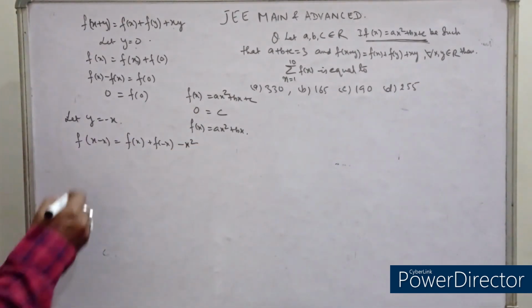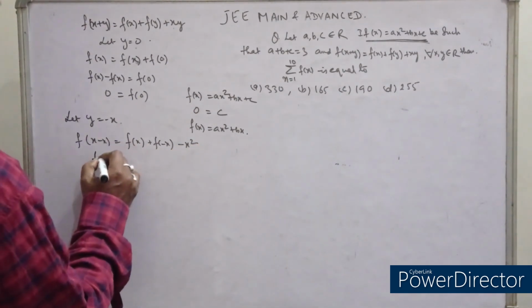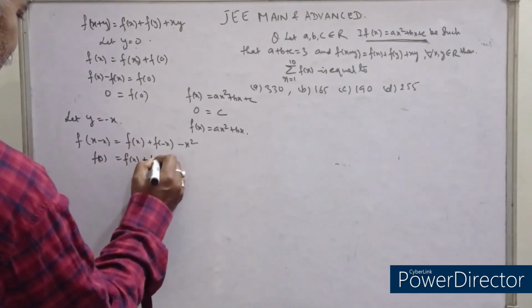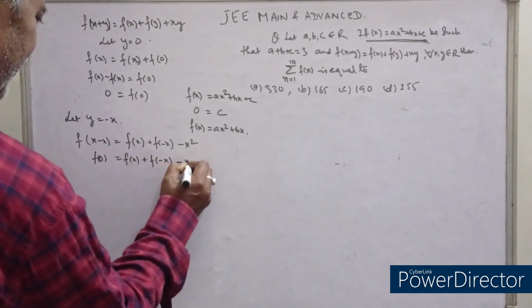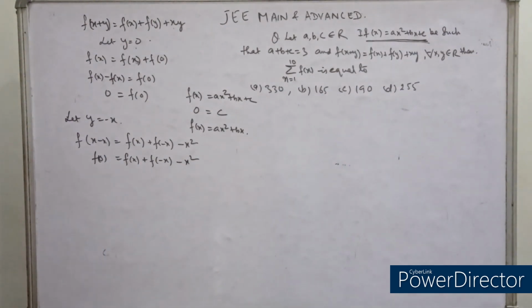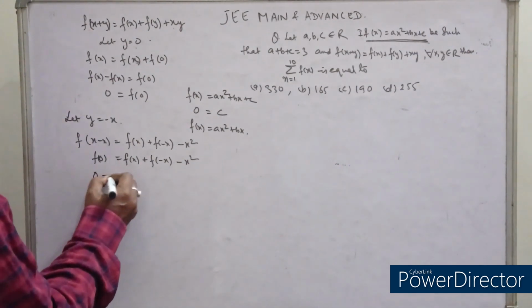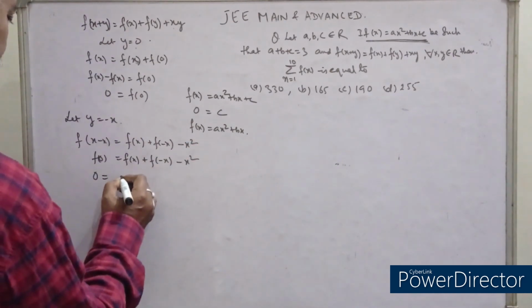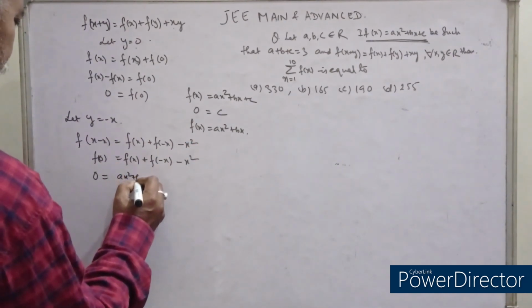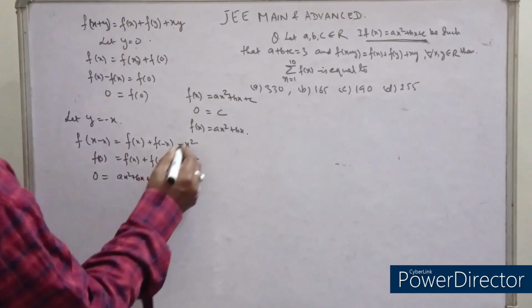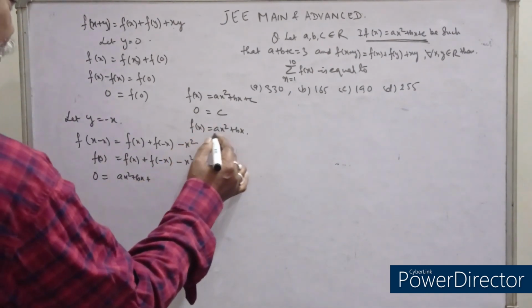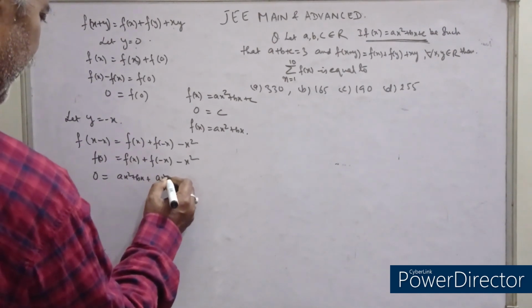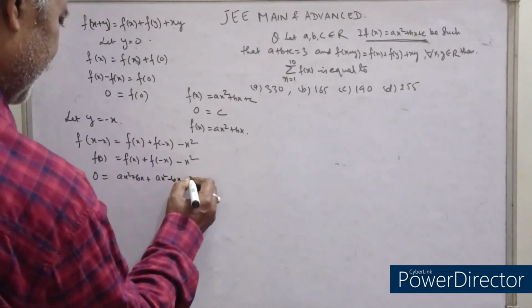I get this. So this is f(0), and this is equal to f(x) plus f(-x) minus x square. So this value is 0, and here you see f(x) is ax square plus bx, and when it is minus x, it will be ax square minus bx, minus x square.